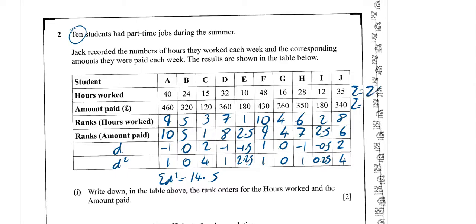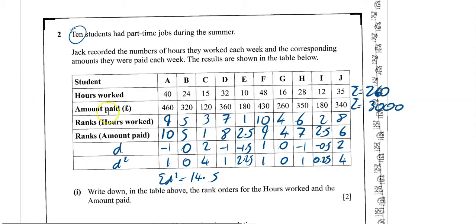So that's going to be 260 for that one. And the next one then is going to be 460 plus 320 plus 120 plus 360 plus 180 plus 430 plus 260 plus 350 plus 180 plus 340, which is bang on 3,000.